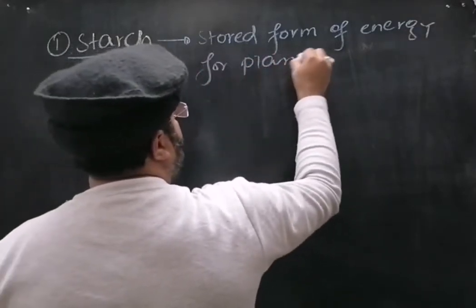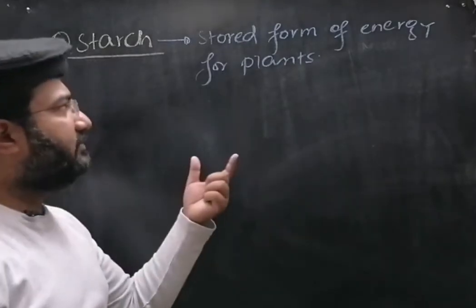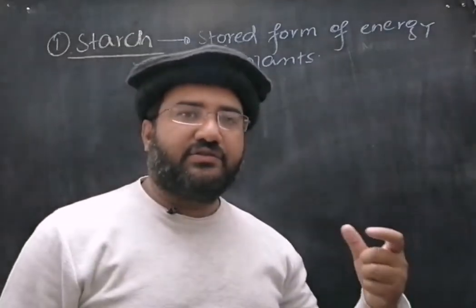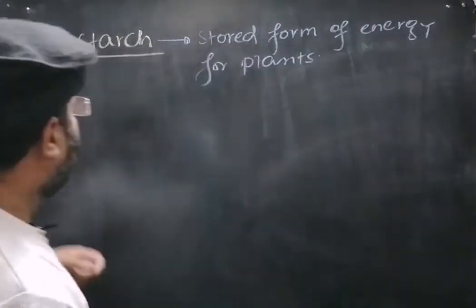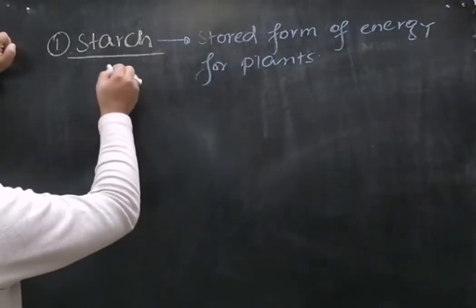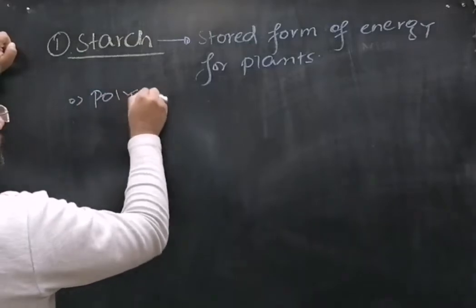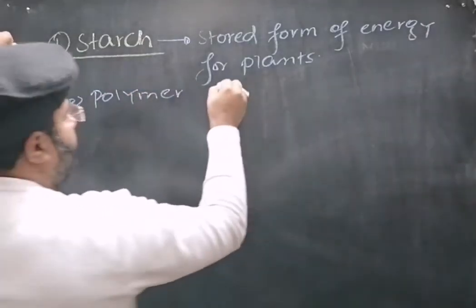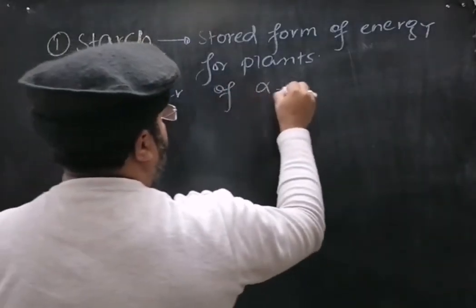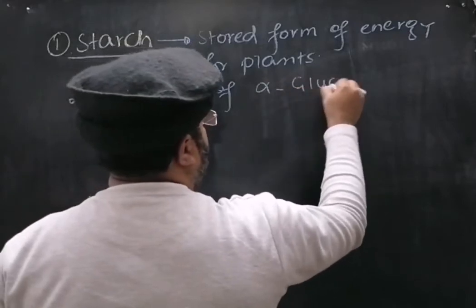So starch is a form in which the plants store energy. Now the starch is a polymer of alpha D glucose.